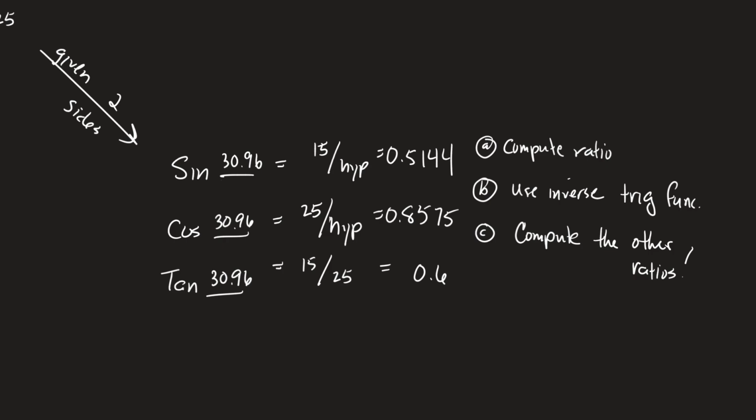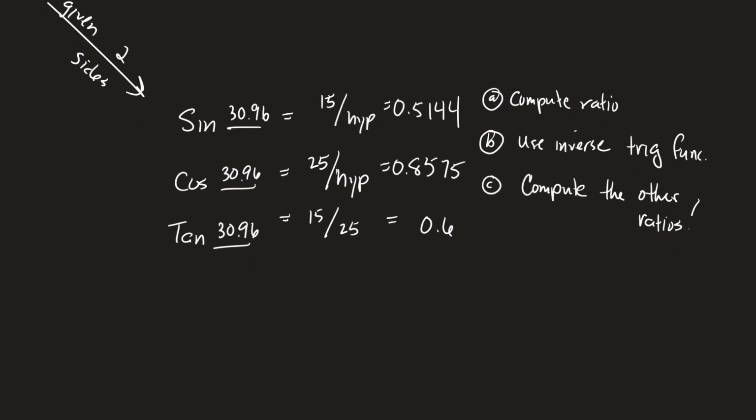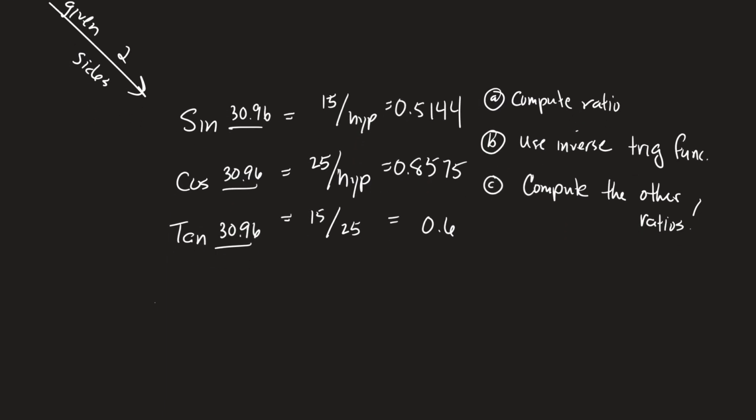Once I've done that, there should be a pathway for me to solve for my missing sides. Now you'll notice I didn't actually have to compute both ratios. Do you guys see that? Because one of them would have been fine. But if I have both ratios, I can check my work. So I'm going to, step 5, compute missing side.